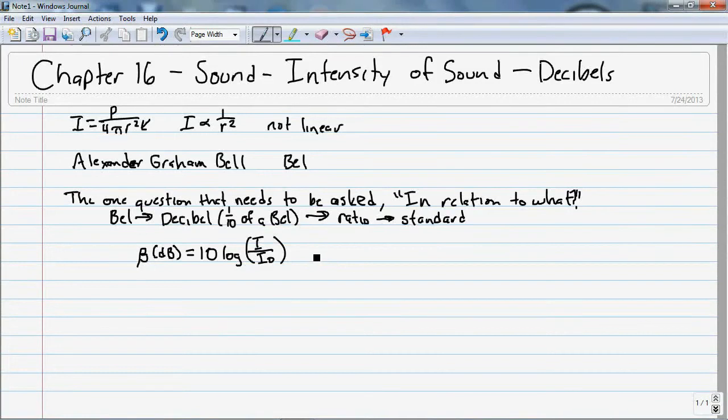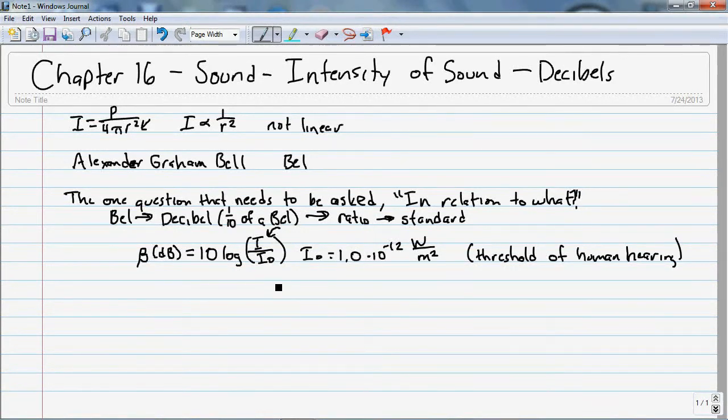Now, I naught is equal to 1.0 times 10 to the minus 12 watts per meter squared. And this is considered the threshold of human hearing. And so we have our ratio of I over I naught.